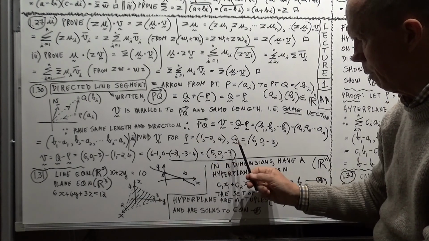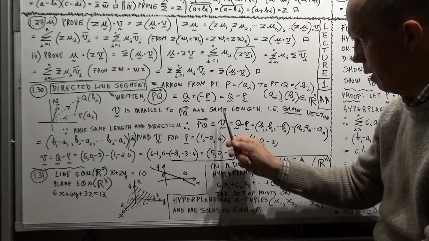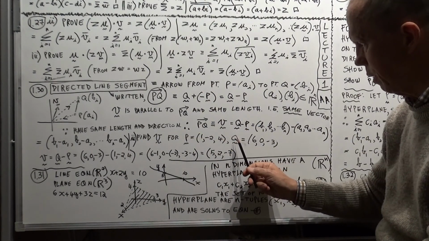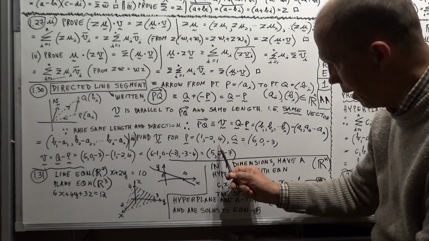Your directed line segment will be PQ arrow, which is equal to Q minus P.